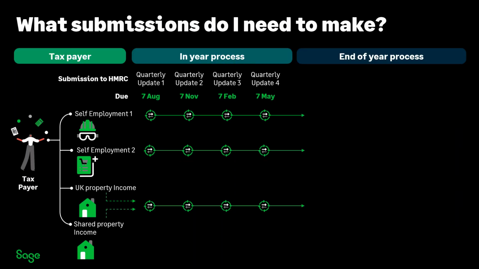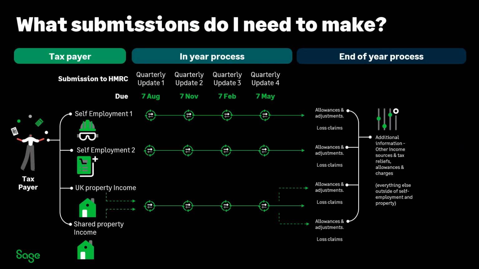If you have multiple properties, you only ever submit 1 quarterly update, no matter how many properties you have. So you'll do 1 for each of those incomes. It's this part that's probably going to change the most for people in terms of the in-year process, doing those quarterly updates and adding new transactions. If you've already been doing that before, that remains the same.